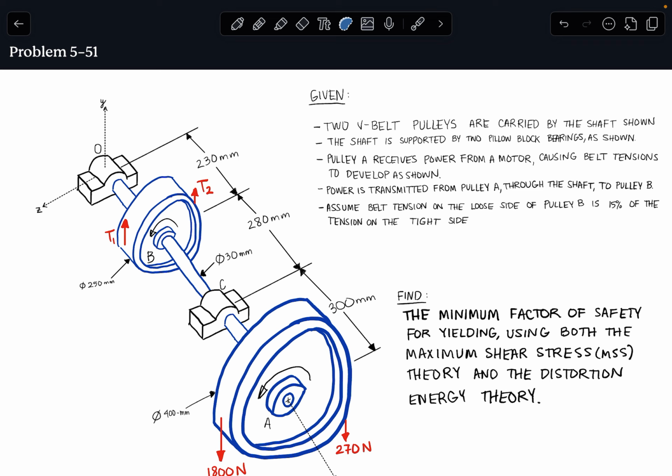problem is that in that problem we analyzed the stresses in this shaft.